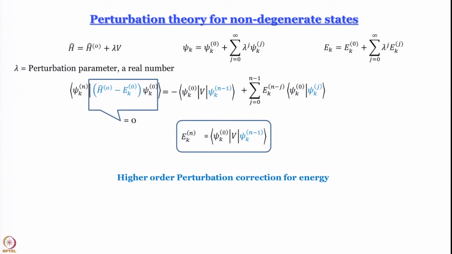That is not too happy a situation, and we want to see whether we can derive an expression which can do better than this. So, that is our quest for now, and then we will talk about the expression for the perturbed wave function. This is our higher order perturbation expression that we have derived.